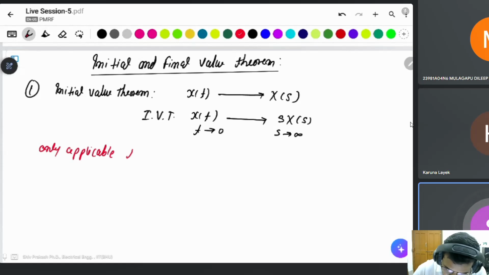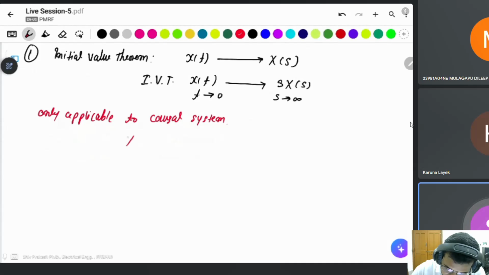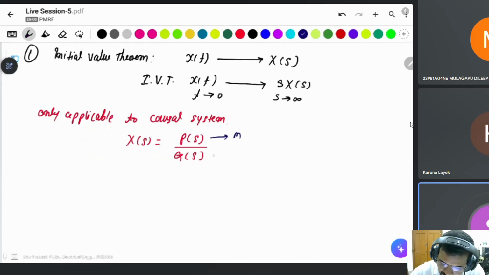Only applicable to causal systems. And another thing is if X of s is in the form of P of s over Q of s. Suppose the order of one is m and the order of the other is n, then m is always less than or equal to n.